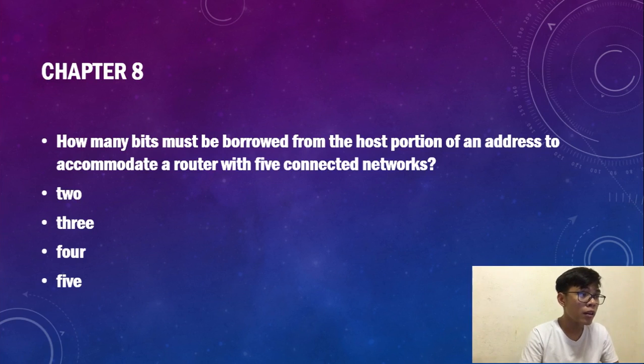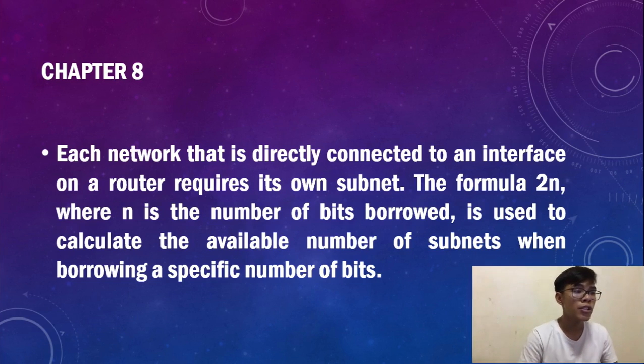We need 3 bits to be borrowed from the host portion of an address to accommodate a router with 5 connected networks. This is because each network is directly connected to an interface, so the router requires its own subnet. The formula 2^n, where n is the number of bits borrowed, is used to calculate the available number of subnets when borrowing a specific number of bits.